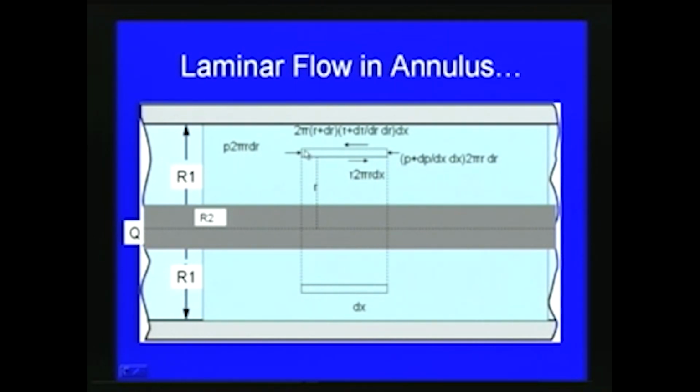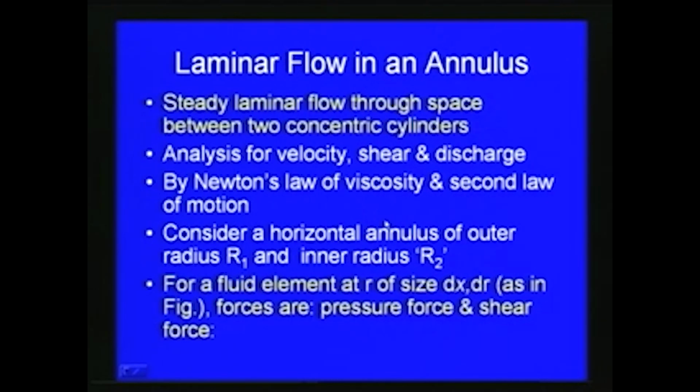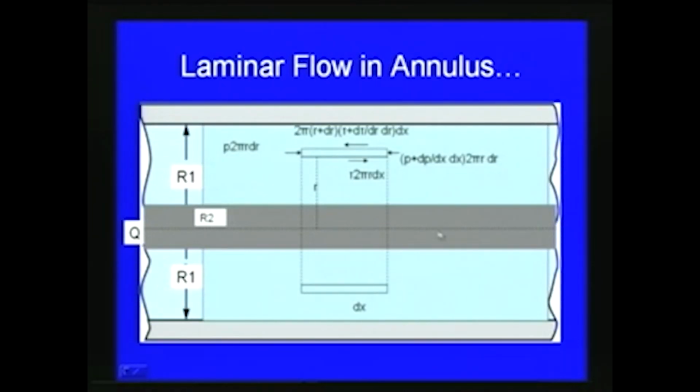To derive an expression for the velocity variation, discharge and other parameters, we consider a fluid element like this at a distance r from the center line, with length dx and size dx by dr, and the forces acting here are the pressure force and shear force, under steady state condition.